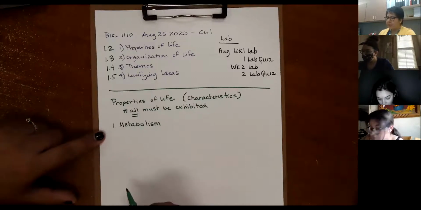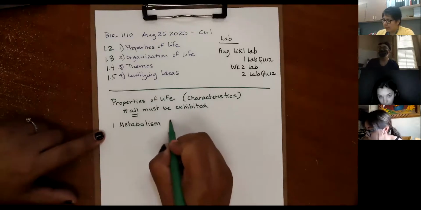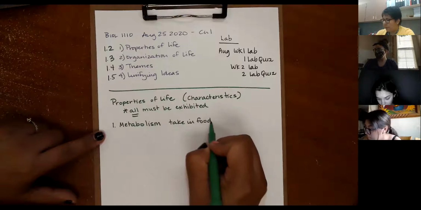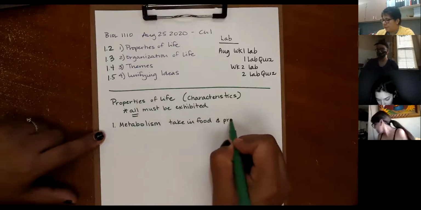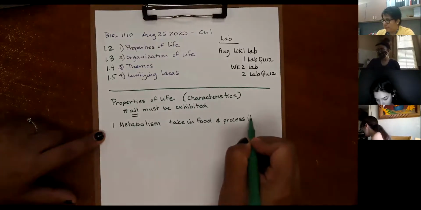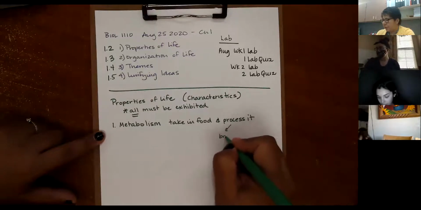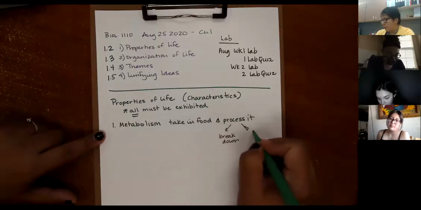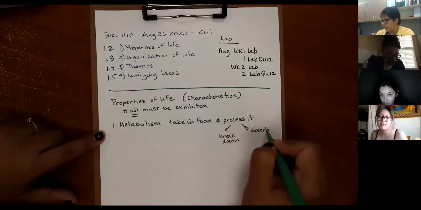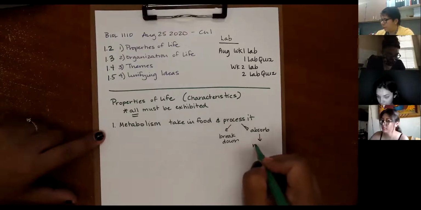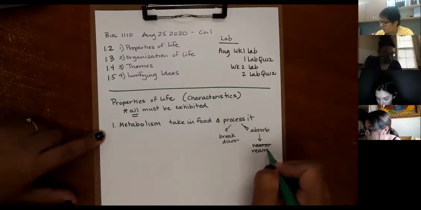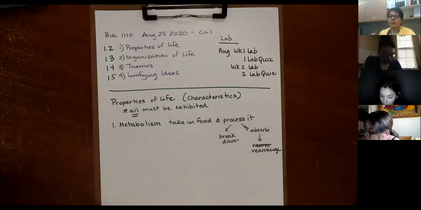Now, metabolism means that you basically take in food and you process it. And the processing is both you break it down and then you absorb it. And then you may even rearrange the parts of your food in order to make what you need.